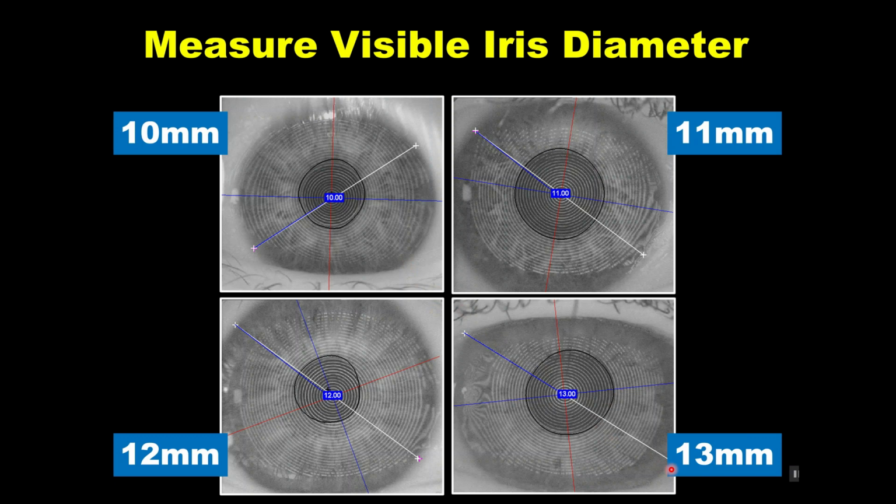So using the topographer to measure visible iris diameter is one of those very simple things you can do that is incredibly helpful in custom designing of contact lenses, and especially for those difficult cases that really fall outside of the norm. You might wonder sometimes, why am I struggling with a particular patient so much? And is it because this patient just falls outside of normal visible iris diameter?